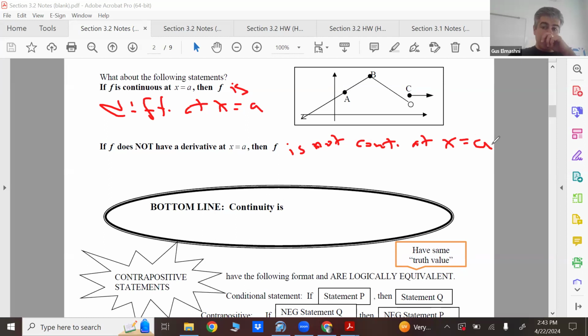So it's pretty clear that at point A, that's continuous, differentiable.